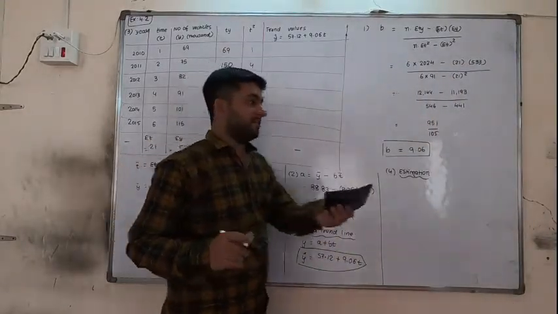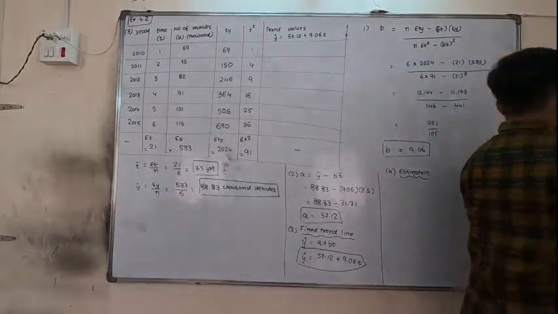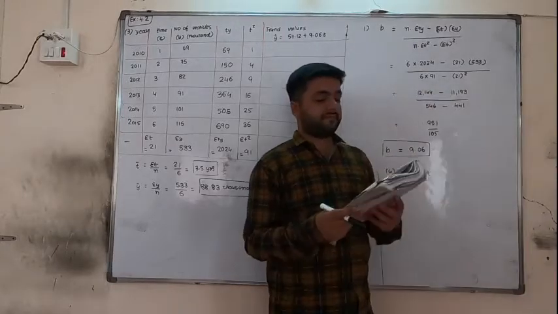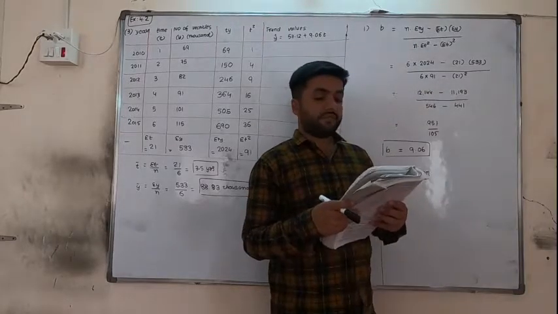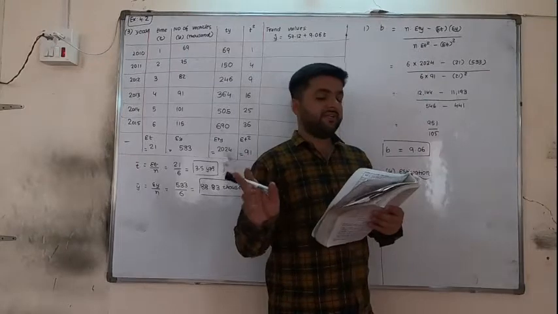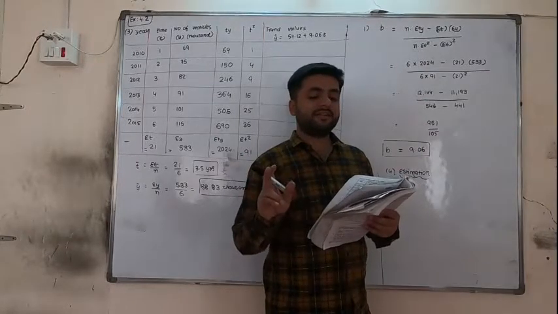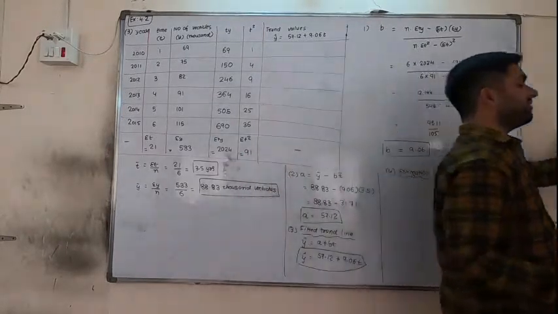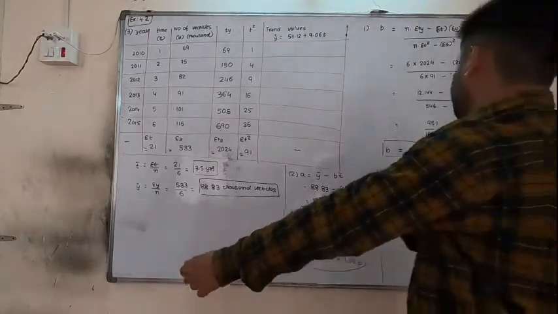Friends, let's read the question again. We have to estimate. Use the following method to fit a linear equation to this data. Obtain the estimates of the number of vehicles registered in 2016 and 17 both.